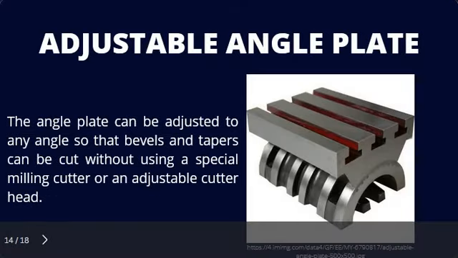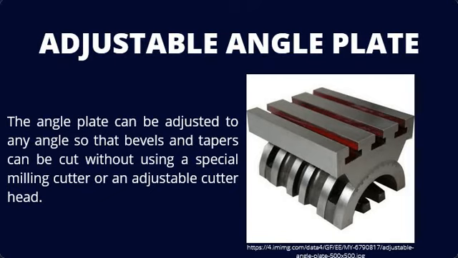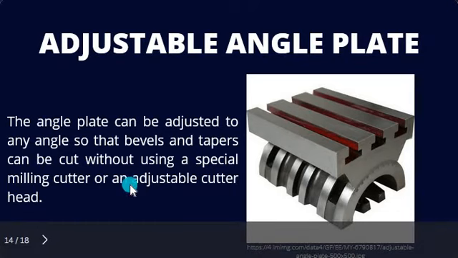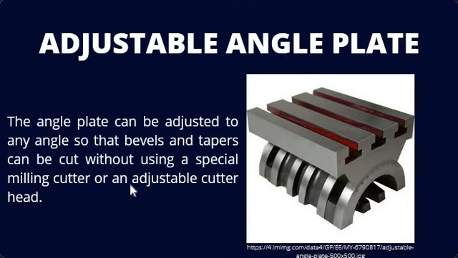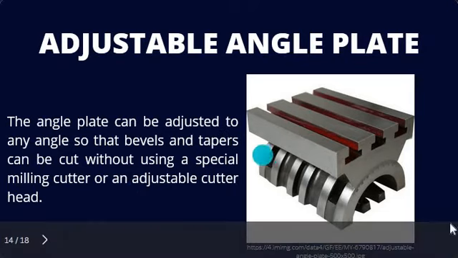We also have the adjustable angle plate. The angle plate can be adjusted to any angle so that bevels and tapers can be cut without using a special milling cutter or an adjustable cutter head. So here, the plate is the one being adjusted.